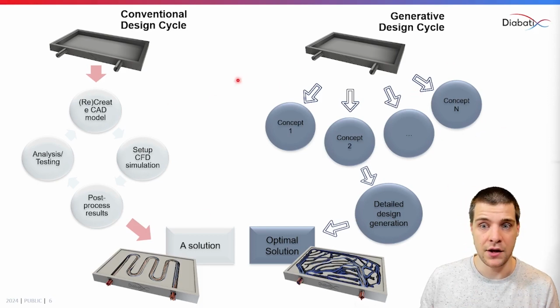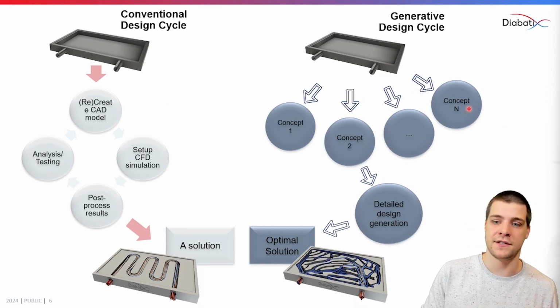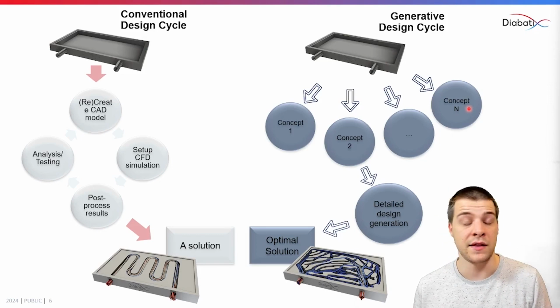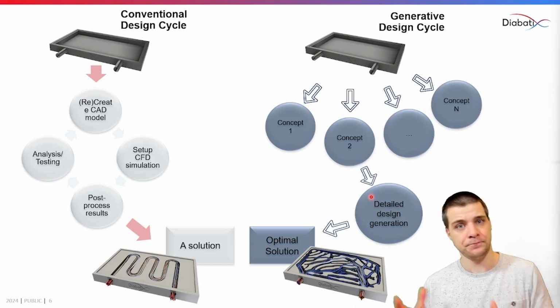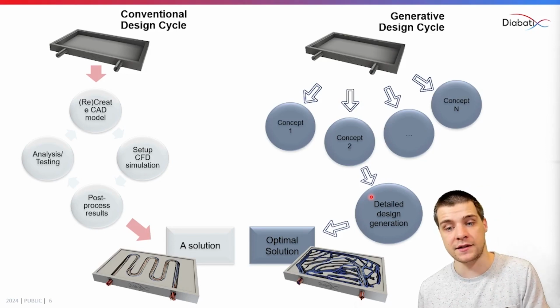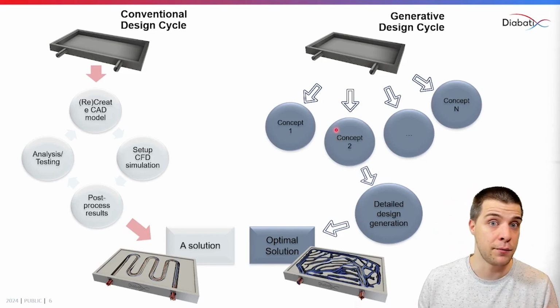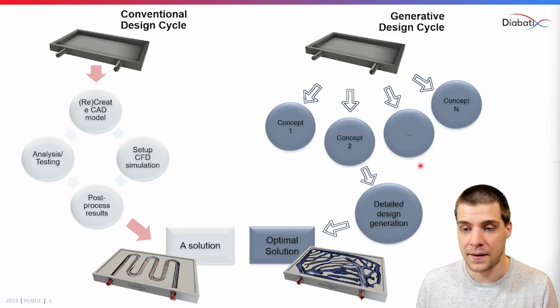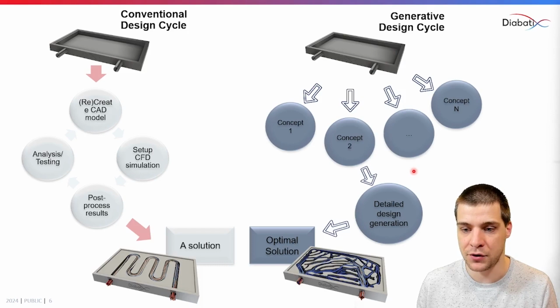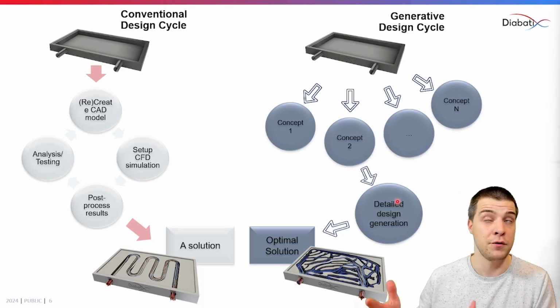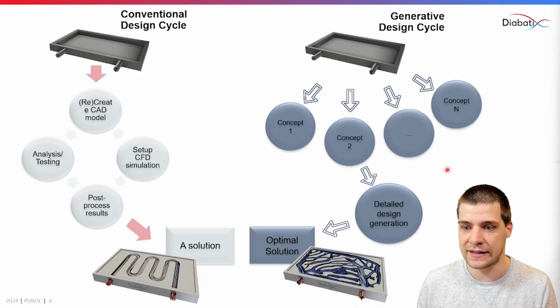Okay, so that's the concept generator phase, early on in the design cycle. You can then move on to a more detailed design process to get a final prototypable design. And you can use, for example, one of those concepts to help the optimization process move faster to the final design.